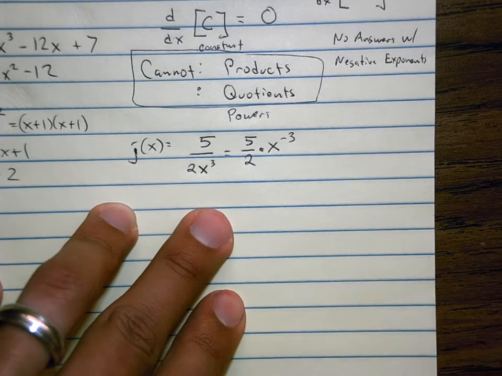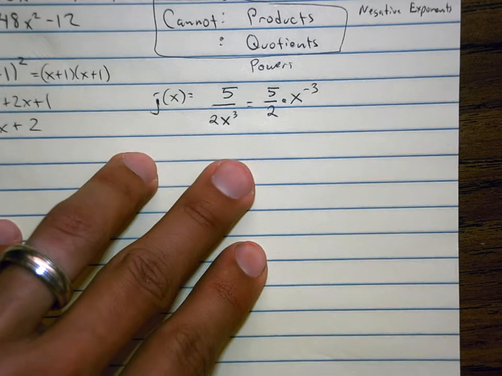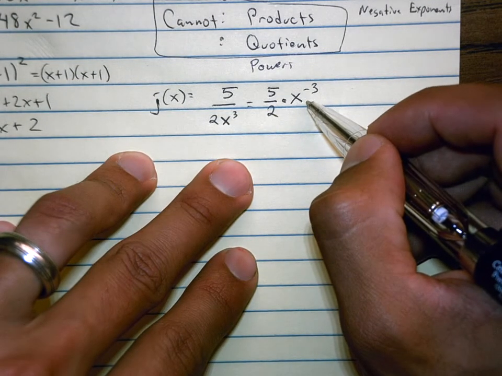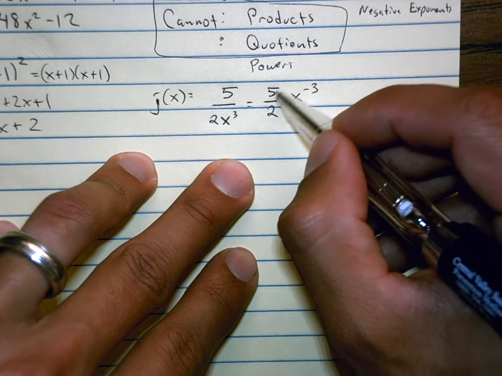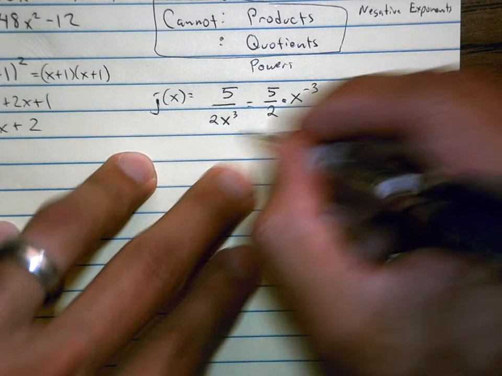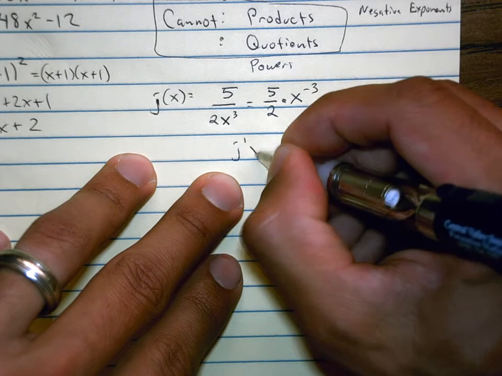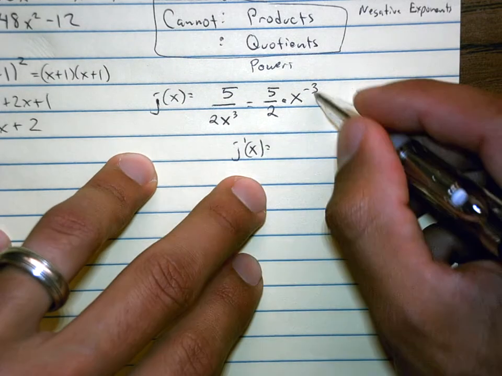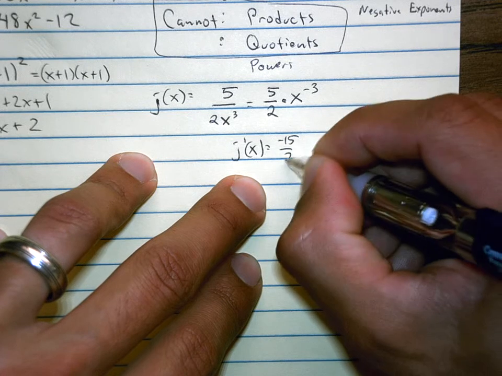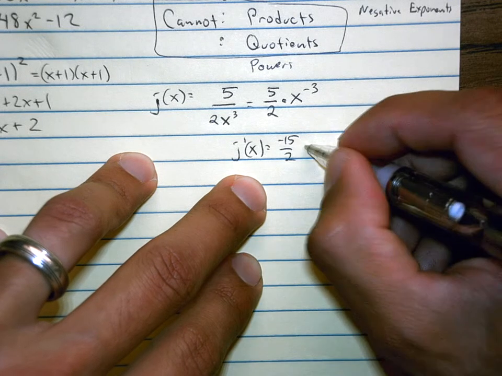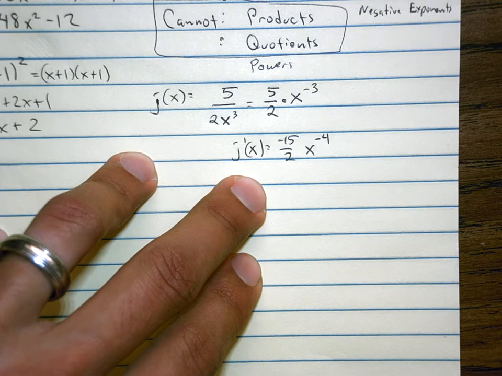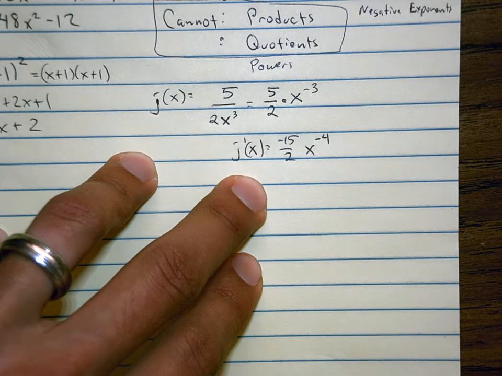So if I have j of x is equal to 5 halves times x to the negative third, I can now multiply this over here. And negative 3 times 5 halves, if I'm finding j prime of x, the derivative, would be negative 3 times 5 is negative 15 over 2, x to the negative 4, because I'm subtracting one from my exponent, right?